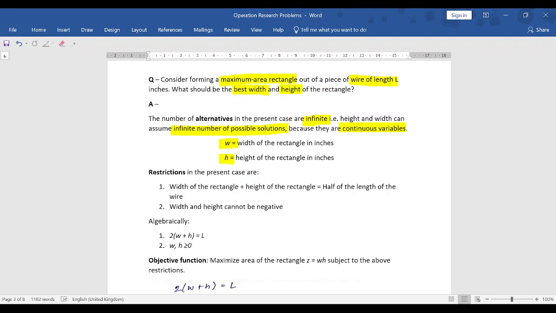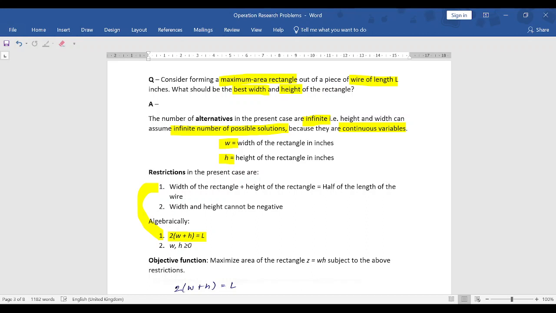Now what are the restrictions in the present case? The width of the rectangle plus the height of the rectangle is equal to half of the length of the wire. In algebraic form, W plus H, which is the width plus height of the rectangle in inches, is equal to L by 2.